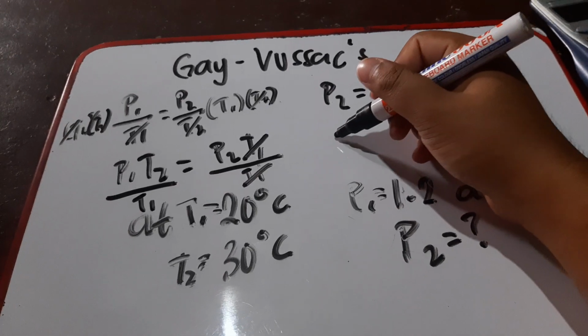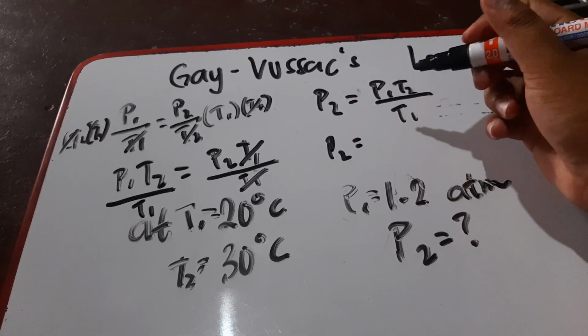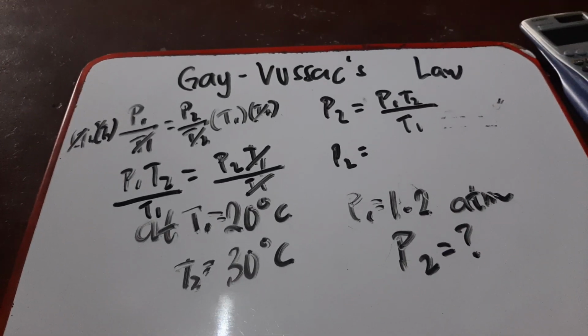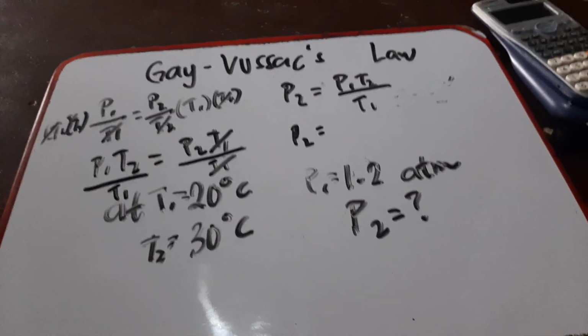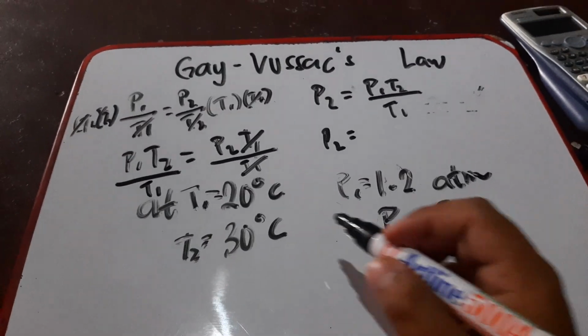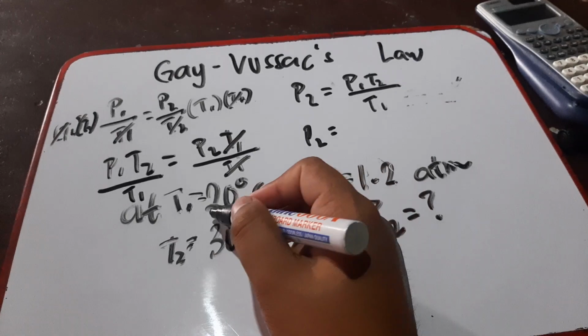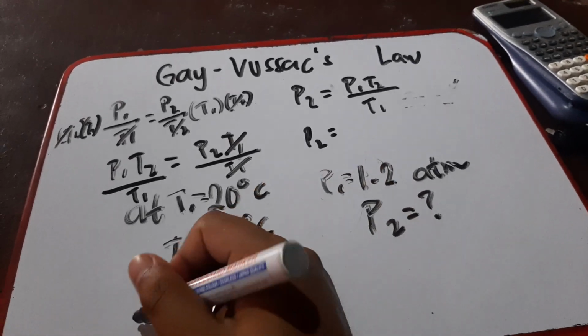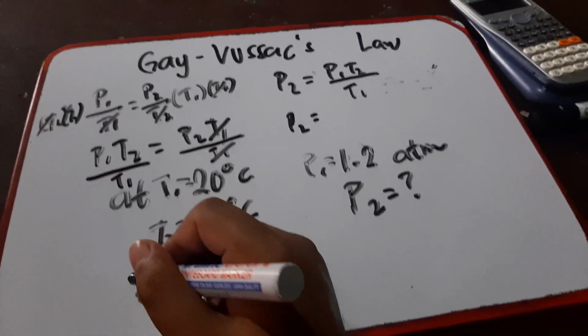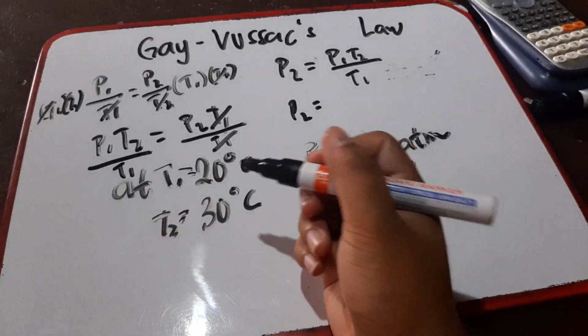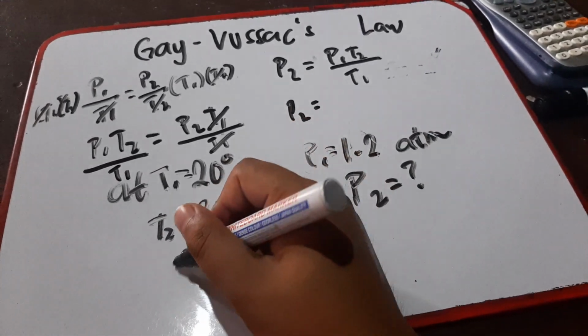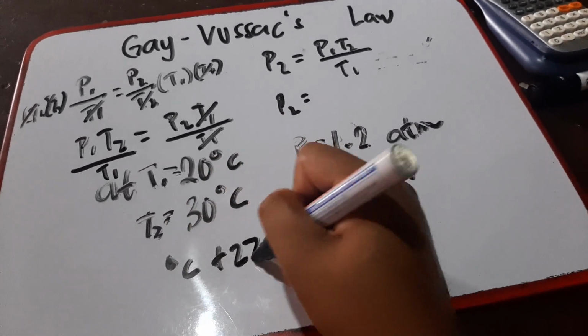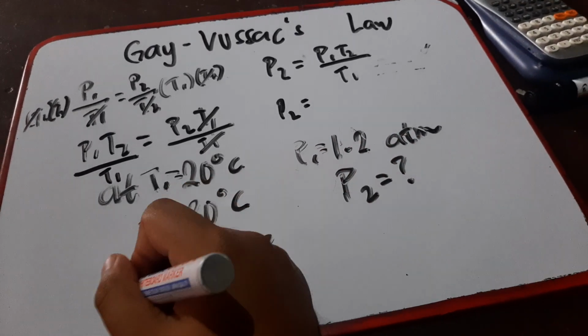Alright? And we simply input the values needed. But, we forgot something. Before we input the value, again, for the gas laws, we use Kelvin, not Celsius. So remember the conversion: degrees Celsius plus 273 to get our Kelvin.